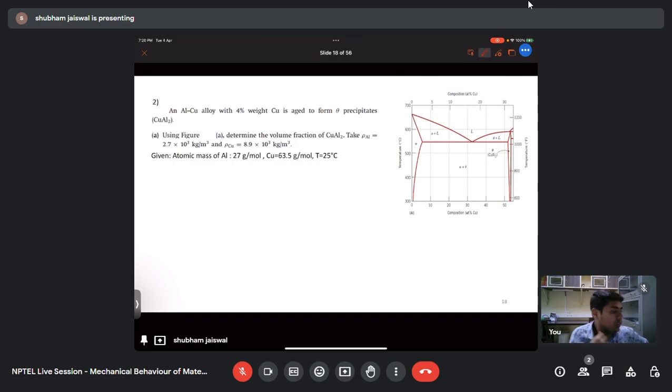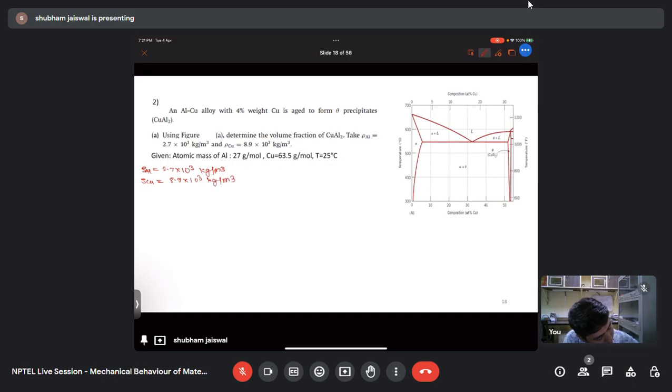Okay, let's see. First we'll write down the things that have been given. We have the density of aluminum, rho Al, 2.7 into 10 to the power 3 kg per meter cube. The rho of copper is 8.9 into 10 to the power 3 kg per meter cube.